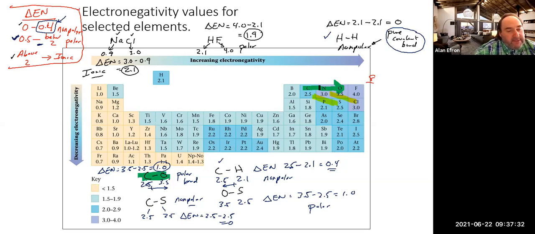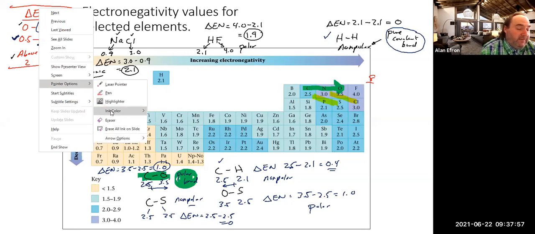Because they're in the same row, regardless of the value, we should know oxygen should be more electronegative than carbon. We can make a pretty safe bet that that's going to be a polar bond without even having to use the actual table. Because oxygen is further to the right, it has to be more electronegative. So you wouldn't even really need the values on these tables to make that determination.